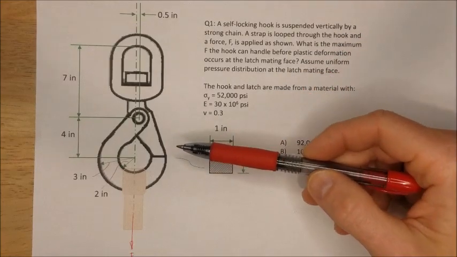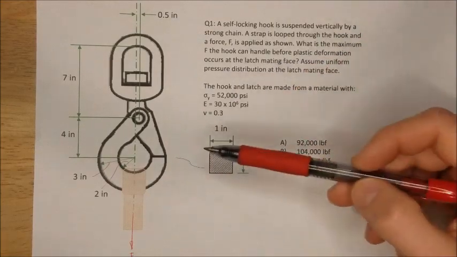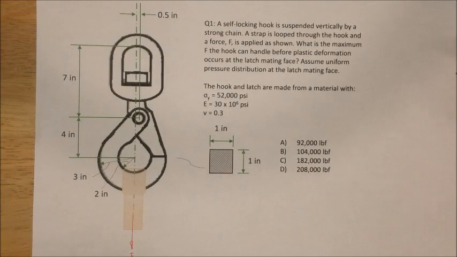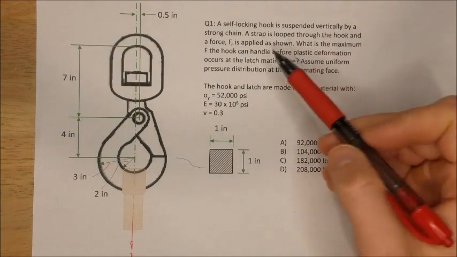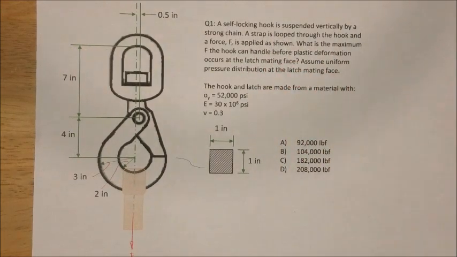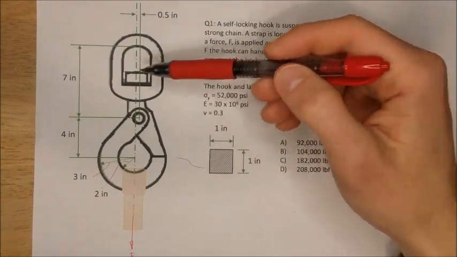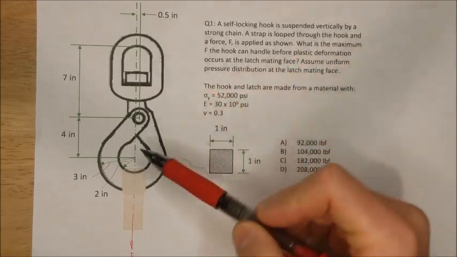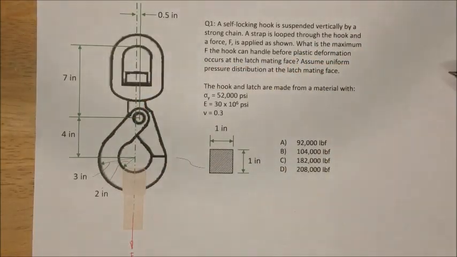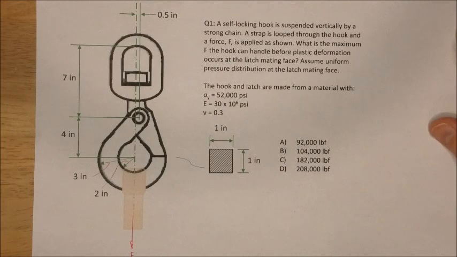It's a machine component, and after staring at it for half a second, it's a little bit of a strange one. We'll get here in a second, but it says this is a self-locking hook. So it's not just a hook. There's 3 components here. There's the thimble, the latch, and then the hook, and the latch and the hook are pinned together. That's a bit of a strange looking hook. Usually I would expect that they would just be a normal hook, like one big casting or something like that.